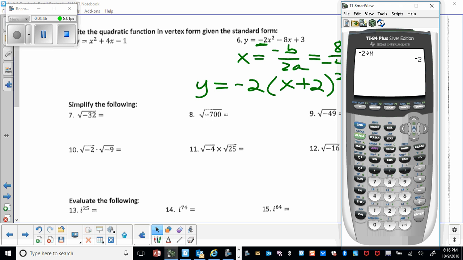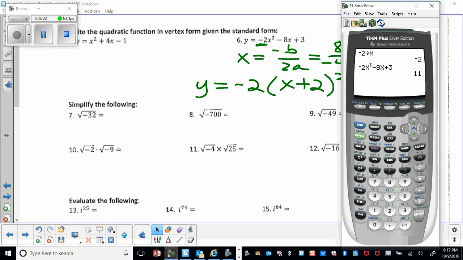So now I'm going to type in this one, -2x squared minus 8x plus 3. Okay, so when x is negative 2, that quadratic with the y is positive 11.